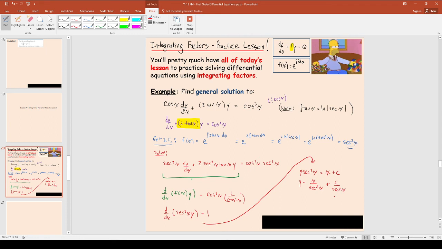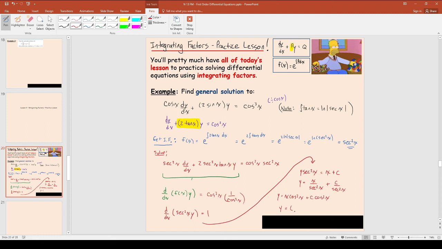Boom. Now, we can tidy this, and we will, because 1 over sec squared is cos squared. So that means y equals x cos squared x plus c cos squared x, which means final answer, to make it nice and tidy, it's just going to be this.